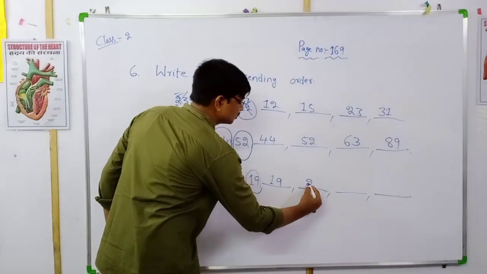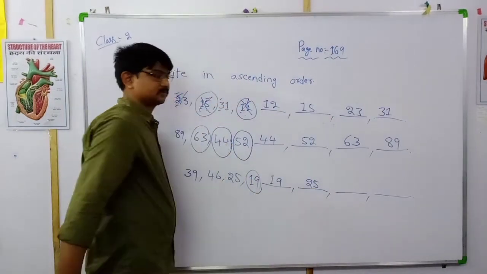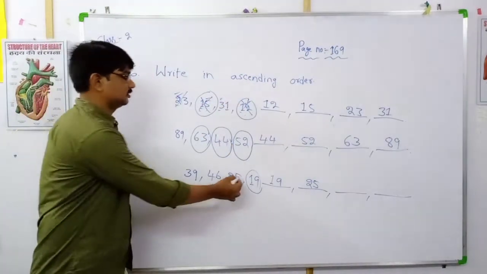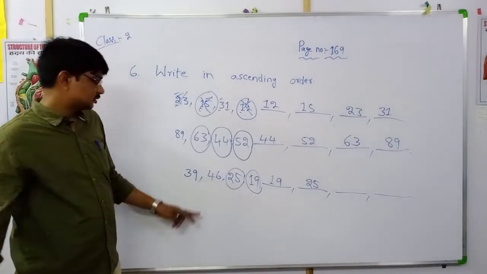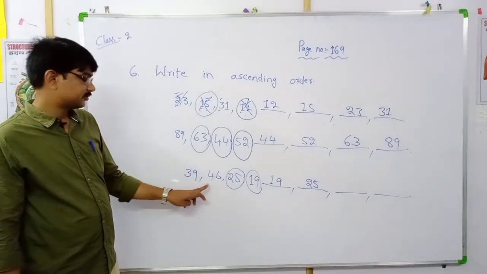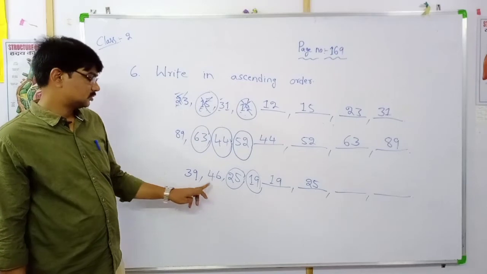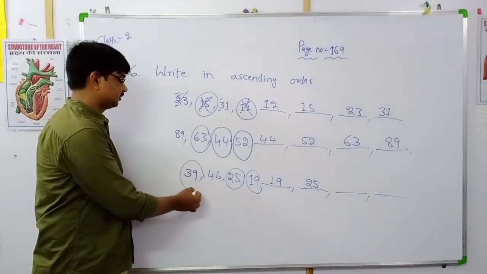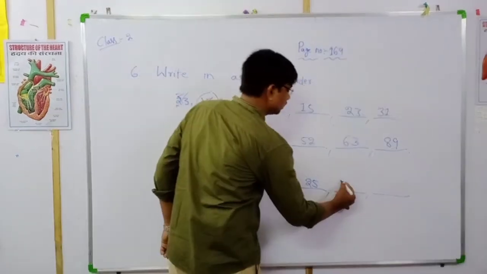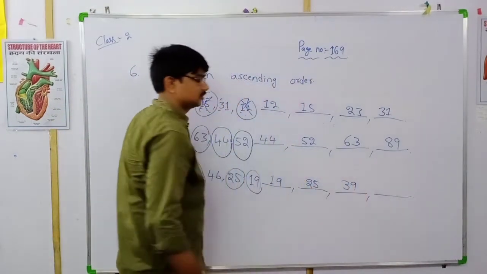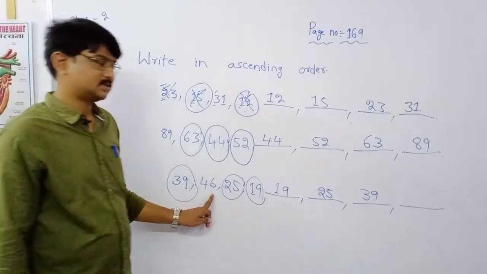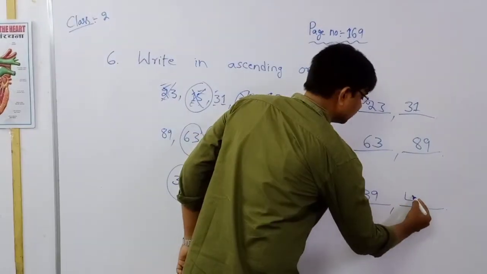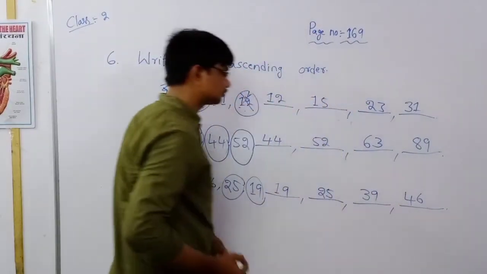Next, this is finished. 39 is here, 46 is here. Which is the smallest? 39. Third number 39. Finally 46. We write 46 here.